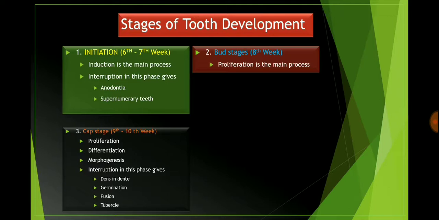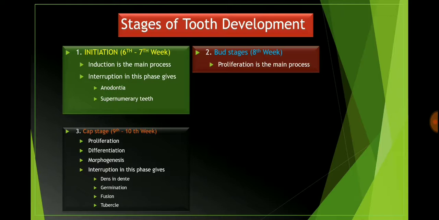Now, when you look at the tooth, the shape of the tooth is formed by enamel, dentin, and cementum. During morphogenesis, definitely enamel and dentin start to form. So the cup stage is key. Interruption in this phase gives rise to dens invaginatus. Make sure you know dens invaginatus real well.